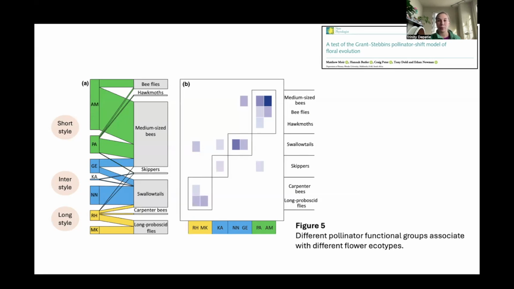They all have different pollinator importance, which is shown in panel B. The yellow populations here are those with the long styles, and they're visited mostly by these carpenter bees and long proboscis flies, whereas each of the intermediate populations are visited by skippers and swallowtails, while the short-styled ecotypes are visited by 3 different pollinators. But we can see that there's hardly any overlap in pollinator importance, indicating that there are different pollinators that are visiting the plants based on their ecotype and location on the landscape.